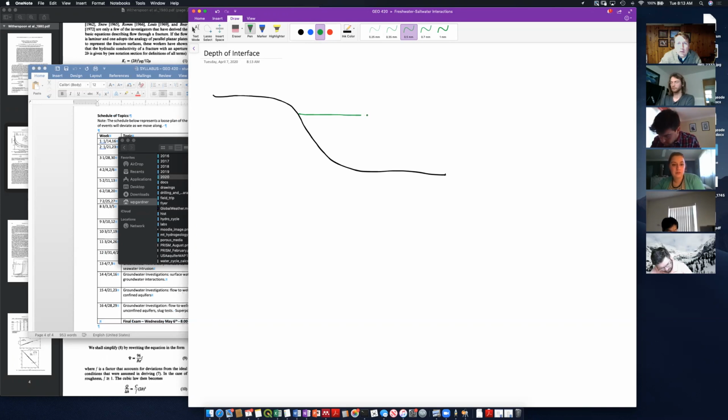Here is my ocean, all right? And here's my freshwater water table. And here is, I'm gonna make the interface red. Here is the location of my interface.